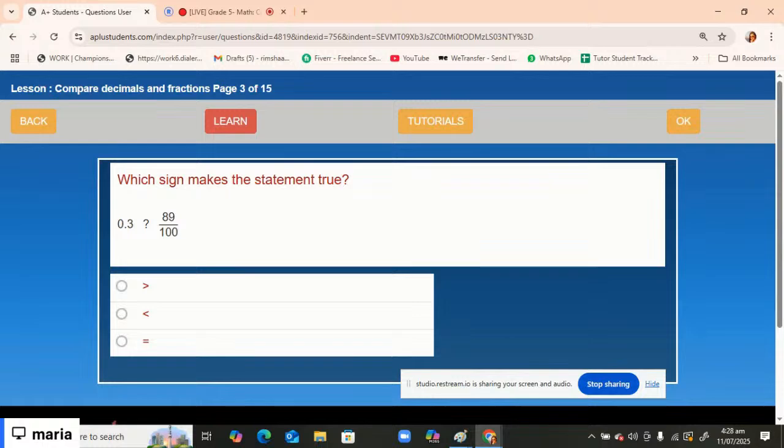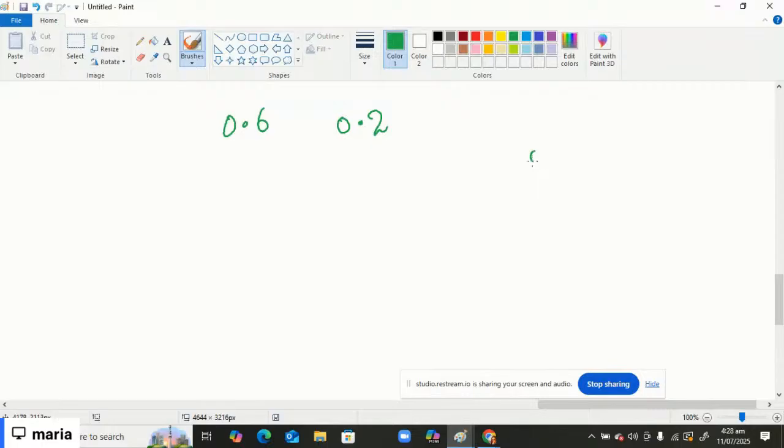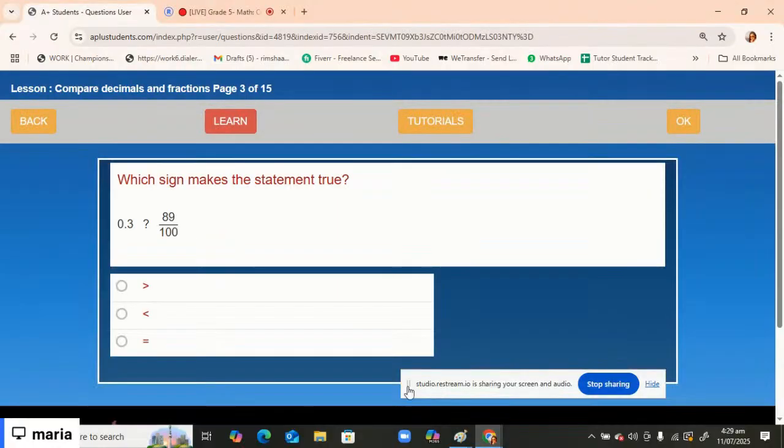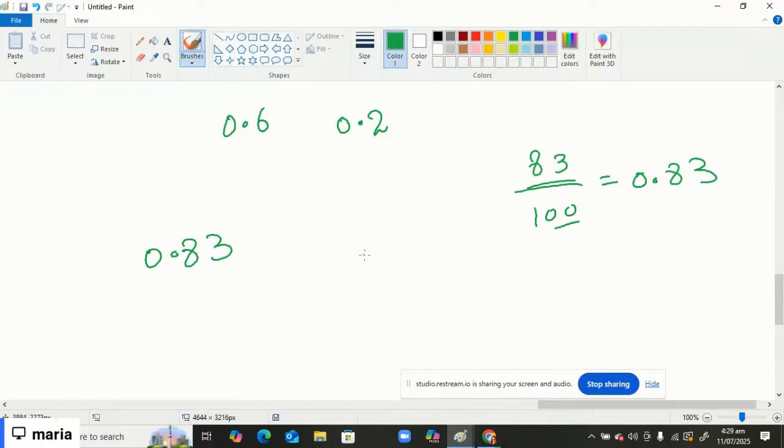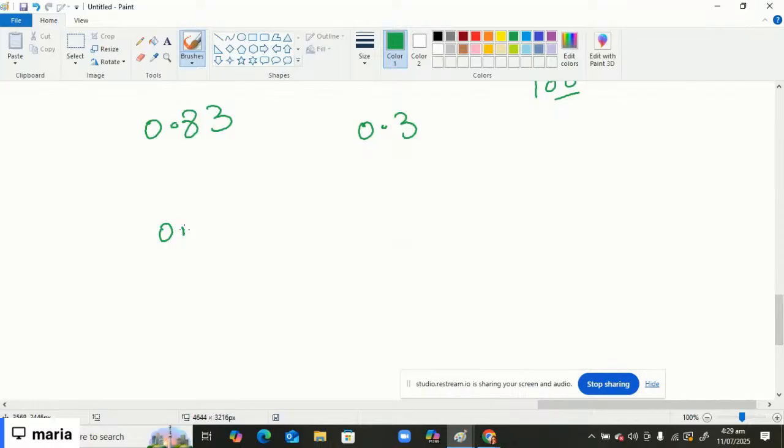Now you guys tell me. Here look, this is 83 over 100, so two digits are counted. 0.83, and then the other is 0.3. Now let's see by using the table. Ones place, point, tenths. 0 and 0 are both the same.